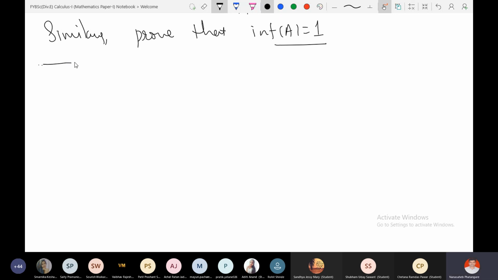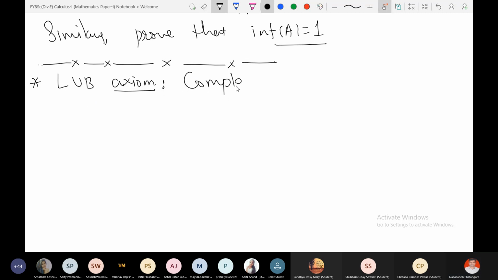Now, what is the ALUB axiom, or the completeness property of real numbers?